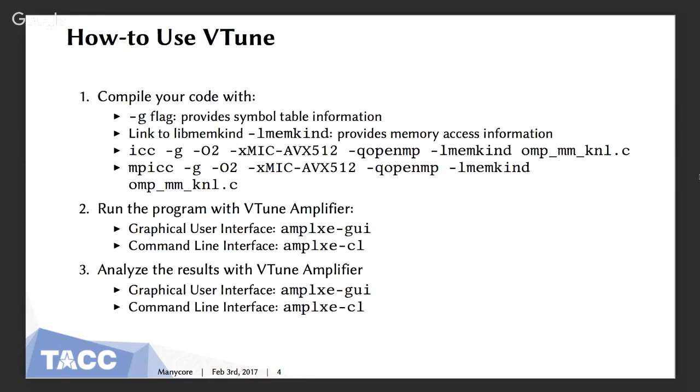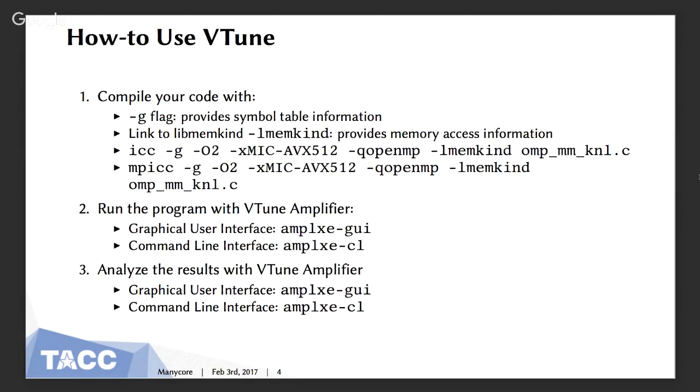So all you really have to do to use vTune, and you don't have to worry about this -L mem kind for anything that we're doing today, is to compile your code with this -g flag to activate all the features that you want in vTune. All that does is provide a symbol table that basically gives names to all of the functions in your code.